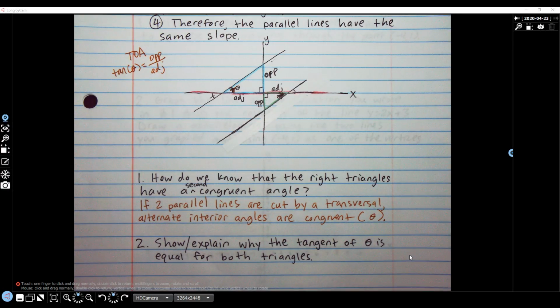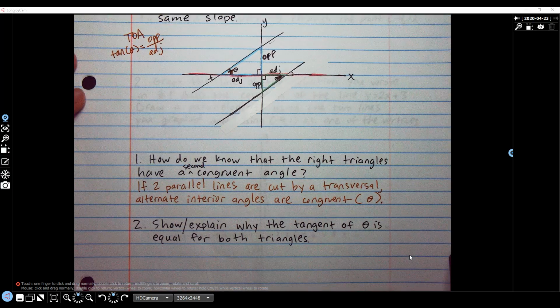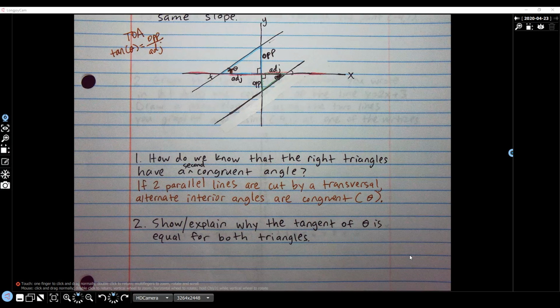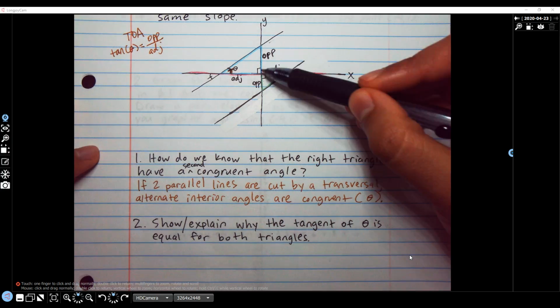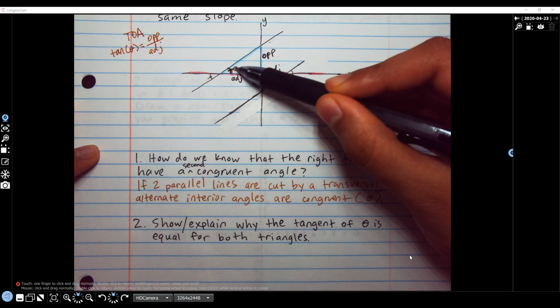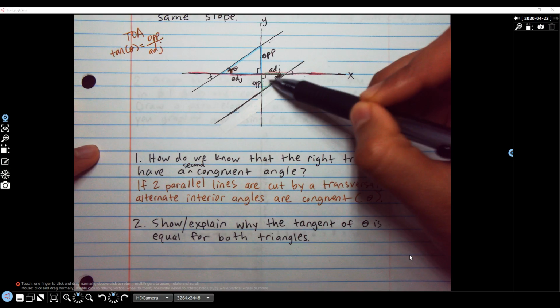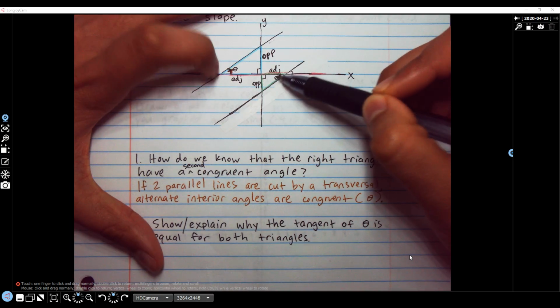Okay, so we can actually connect this concept of the tangent ratio to unit 4, our similarity unit. So I'd like you to pause the video and try to answer question number 2 on your own and see if you can connect concepts of similarity with our tangent ratio. All right, so we have our right angle here and theta. And both of these triangles have the right angle that's congruent and theta that's congruent.